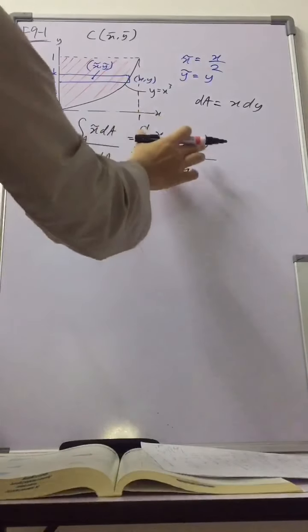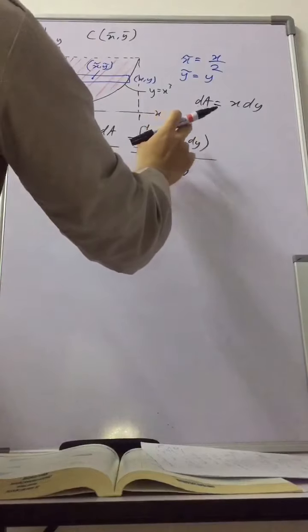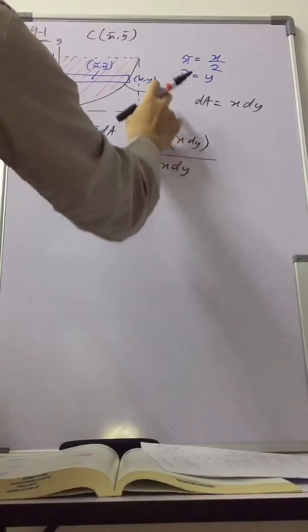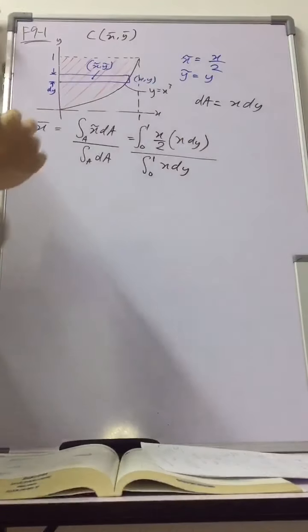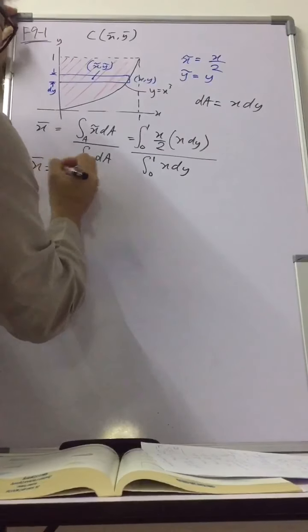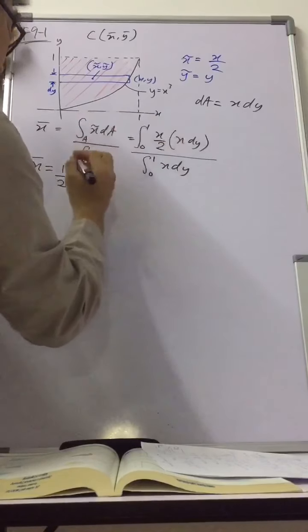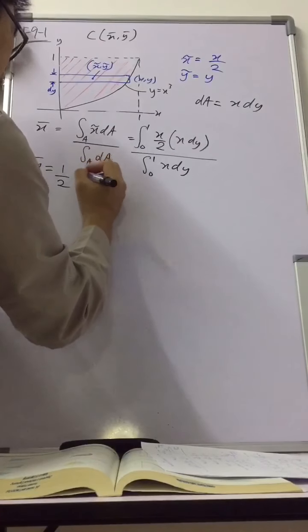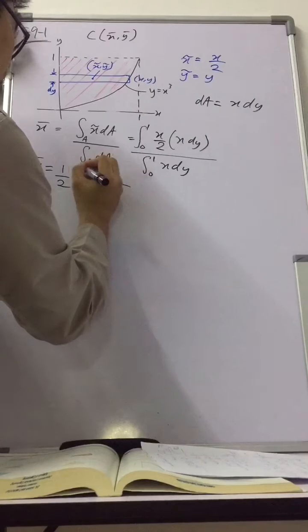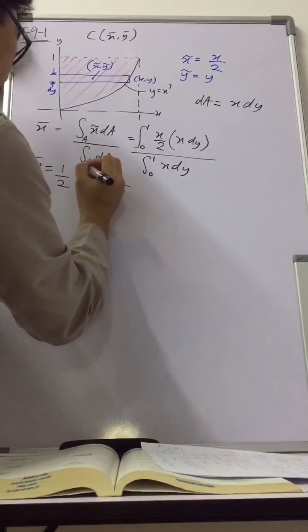Basically we need to substitute this x in terms of y. So x bar continues: x bar equals 1 over 2, taking the half out, and then integration from 0 to 1.